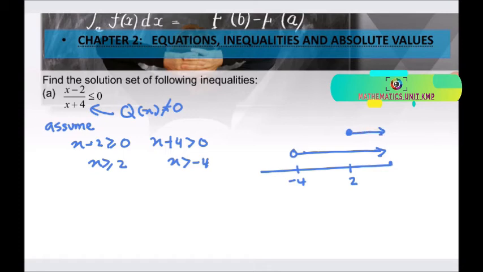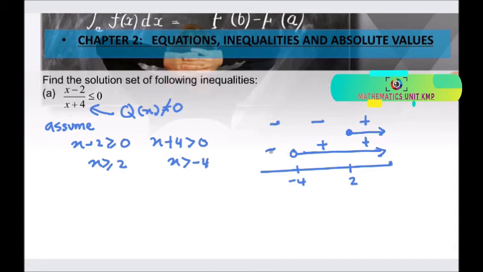Next step, let's put the sign positive on the line and the sign negative for the section that don't have line. Okay, from here we make the solution.